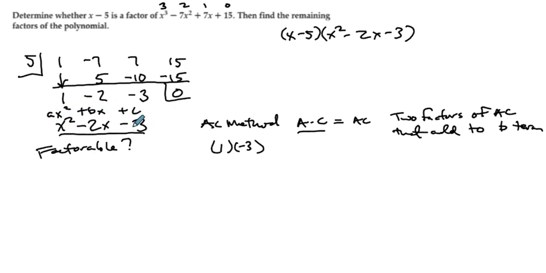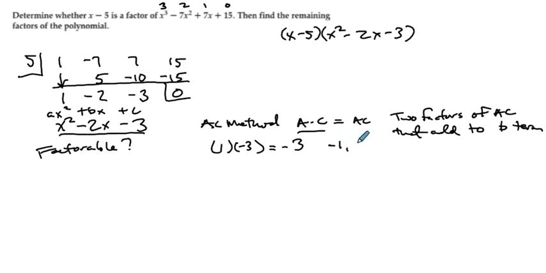If you forgot about that, or you just woke up from a coma or whatever's going on, that's where we're at. So 1 times -3 is -3. Now I need 2 factors of that that add up to -2. Think about all the possible factors of -3. Again, you need to remember that in order to get a negative product, you have to have a negative and a positive. That's the only way you can get it. So there's really only 2 choices here.